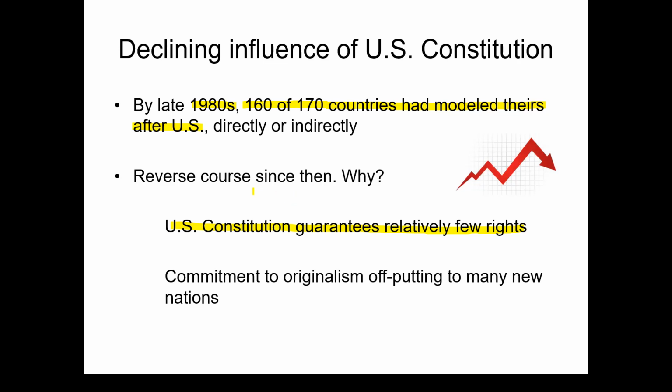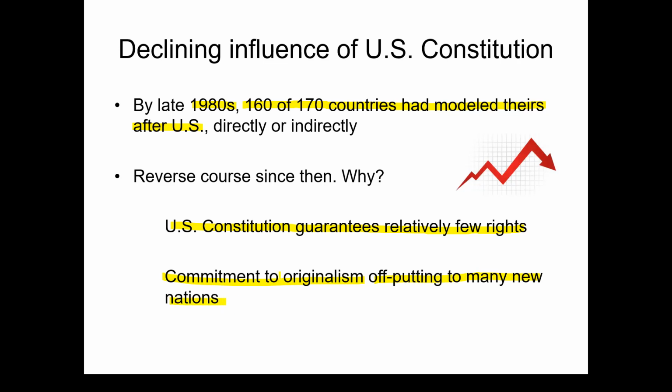Well, what in the United States might be something that could potentially be added, where these other countries are already adding them to their constitutions. And then the commitment to originalism, or trying to go back and interpret the Constitution the way it was written in that day, could be off-putting to many new nations who want to address the world as it is today.